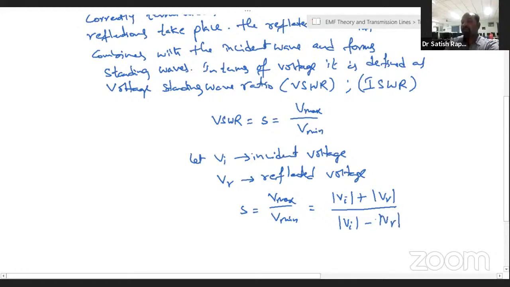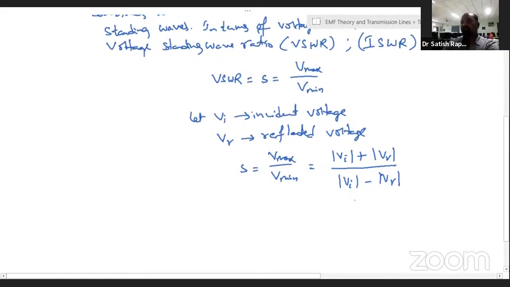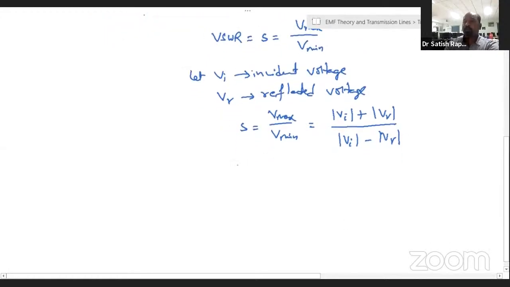So we are taking the magnitudes of the voltages, mod Vi and Vr. The maximum voltage is the sum of the incident and reflected voltages, and the minimum voltage is the difference between them. So that is the voltage standing wave ratio.